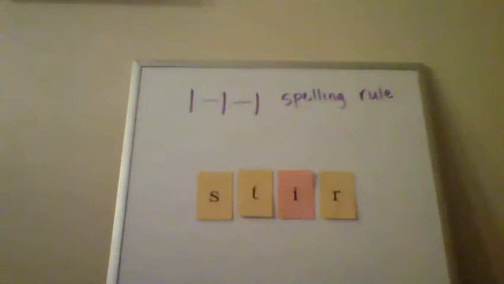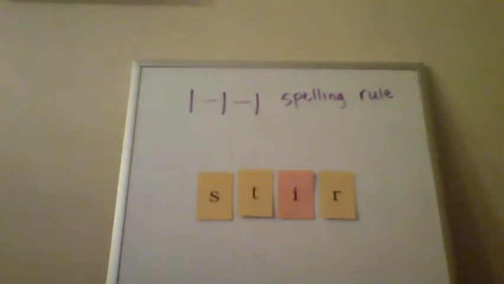S-T-I-R spells the word stir. Is this a one syllable word that is R controlled? Stir. Yes. Does it have one vowel? Yes. Is there only one consonant after the vowel? Yes.